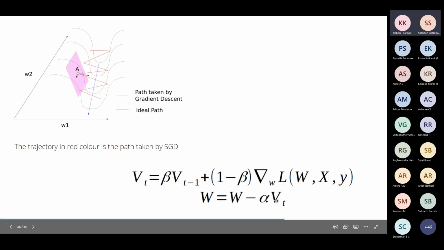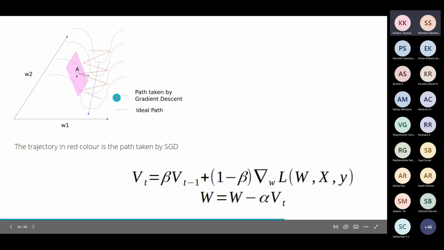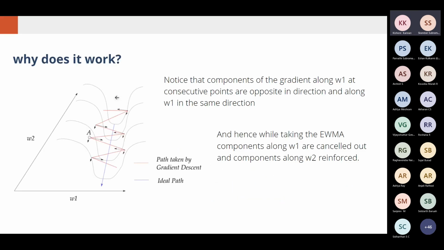So in the case of momentum, we just use the exponentially weighted moving average instead of the normal gradient. And why does this work? How does this prevent the bouncing? To understand this part, I'll explain with an analogy. Let's take a ball again, a bouncy ball. If I throw it from this point with a very high velocity, it's going to keep bouncing off these walls and it won't reach the minima at the valley.